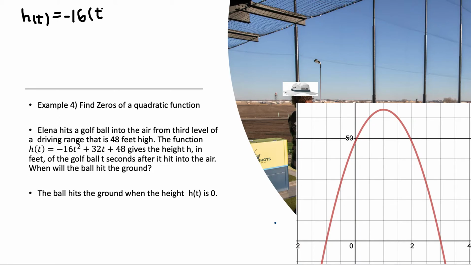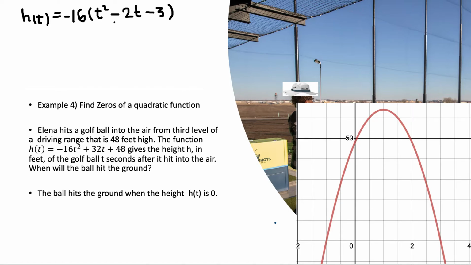Here's a t squared, and a minus 2t, because negative 16 times negative 2 is plus 32t, and a negative 3. Negative 16 times negative 3 is plus 48. So those are the factors, and the GCF is negative 16.